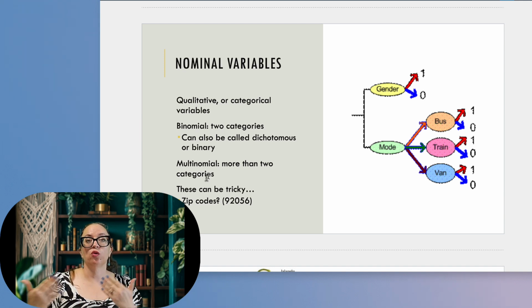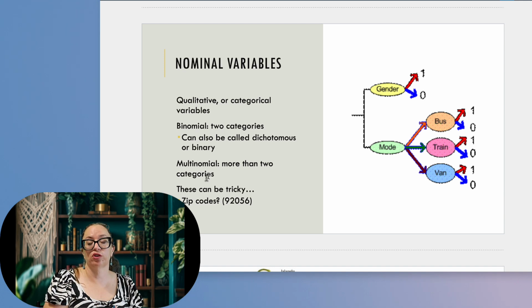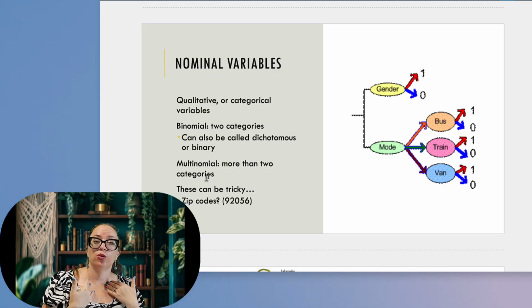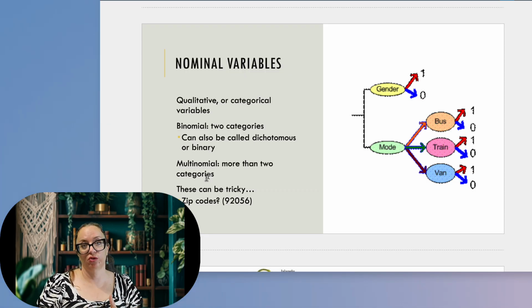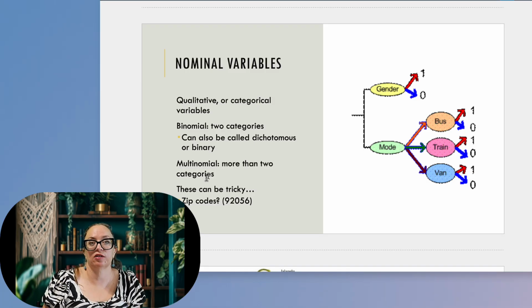It just means a difference in quality, or in this case, a different geographic location. So we often slap numbers onto categories for our own organization, but it doesn't mean that one, in this case the zip code, the area, has a greater value than the other. Okay, so that's nominal variables. We're just naming things. The key word here is categories, okay? Names. These are categories, and we'll just sort of leave it at that.